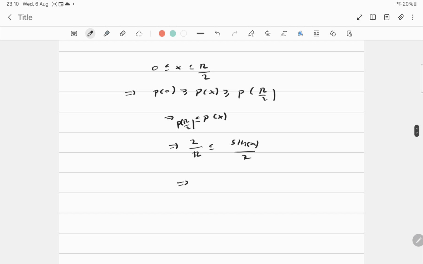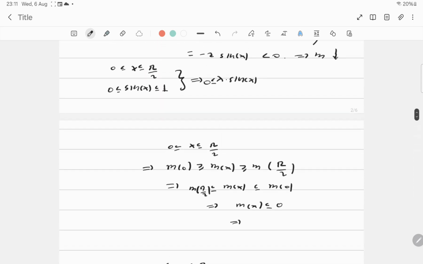I just rearrange this, I just brush up the inequality, and I have 2 over pi times x less than or equal to sine of x for every x in 0 to pi over 2. This part was a little bit more tricky.